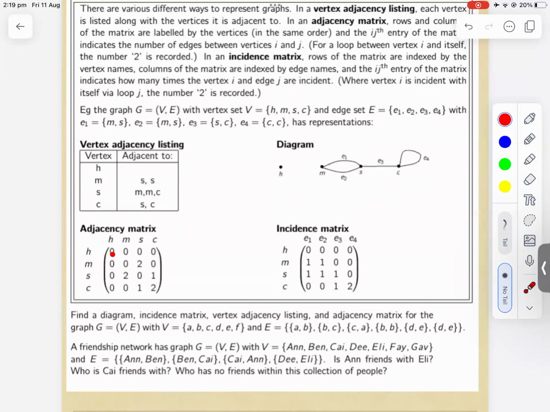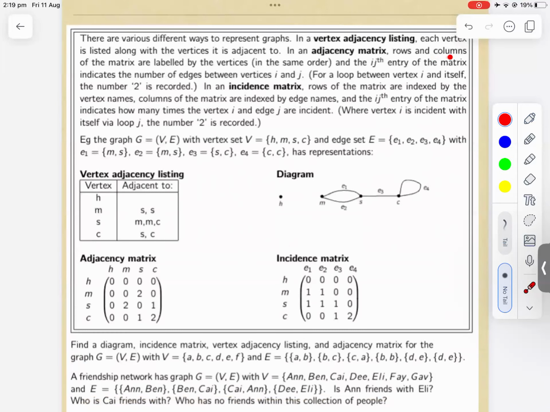All right, the adjacency matrix is called like this one. H is 0, HM 0, HS 0. The rows and columns of the matrix are labeled by vertices, in the same order, H, M, S, C. See, they are in the same order.